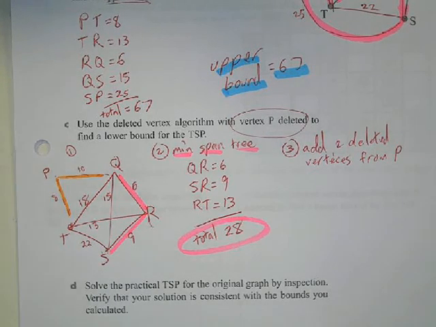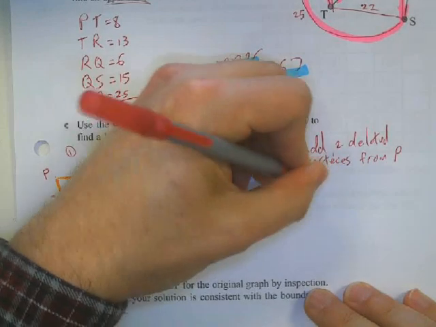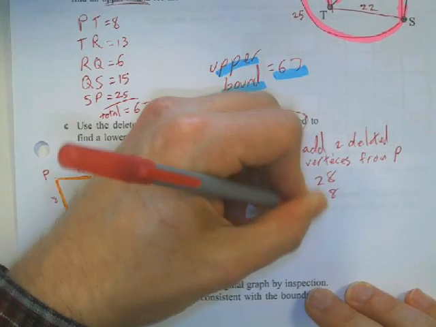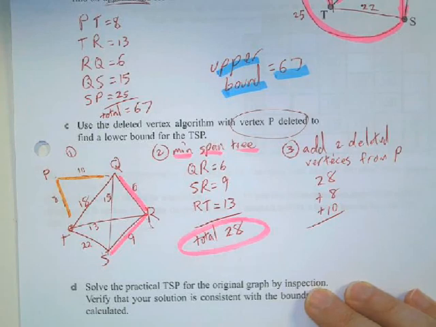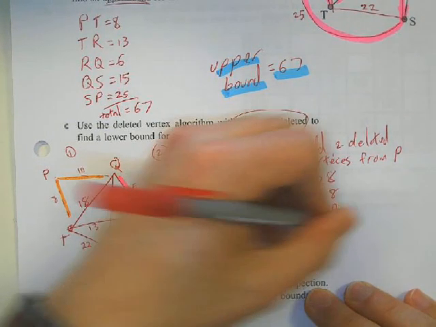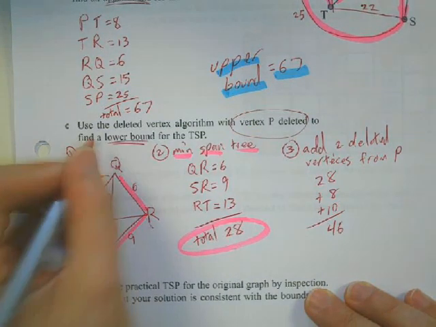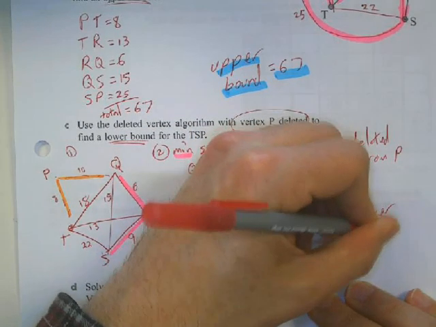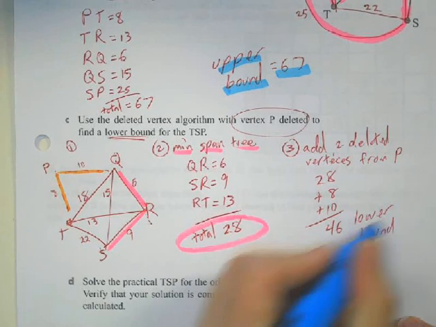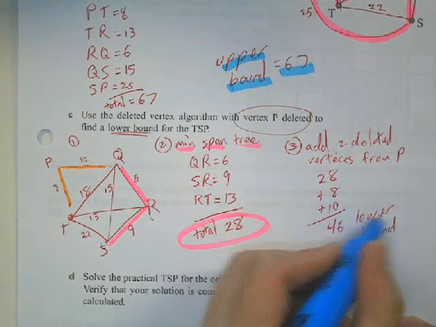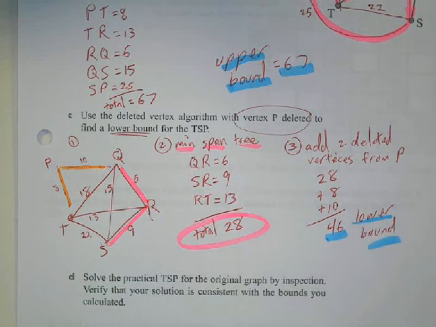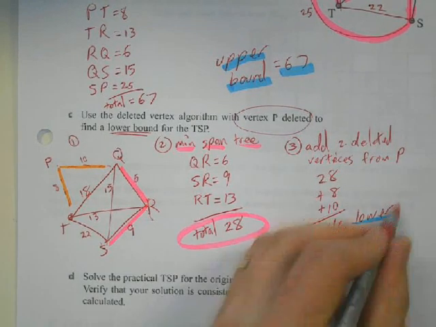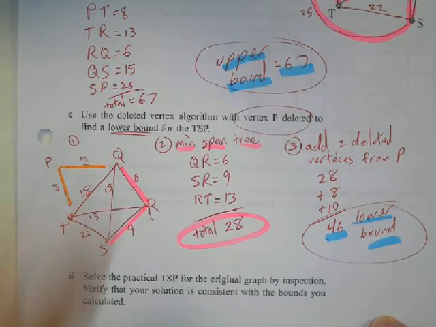So we've got our 28 plus 8 plus 10, which adds up to 46, and this is our lower bound. Okay, so we've got our upper bound, we've got our lower bound.